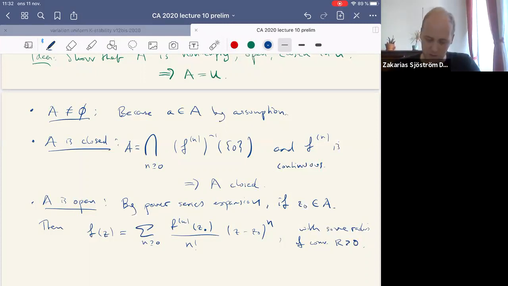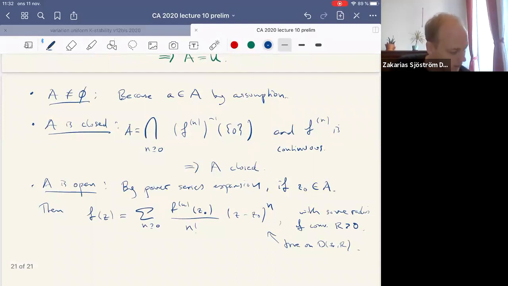So there is some radius of convergence such that this holds on this disk centered at z0 with radius r.